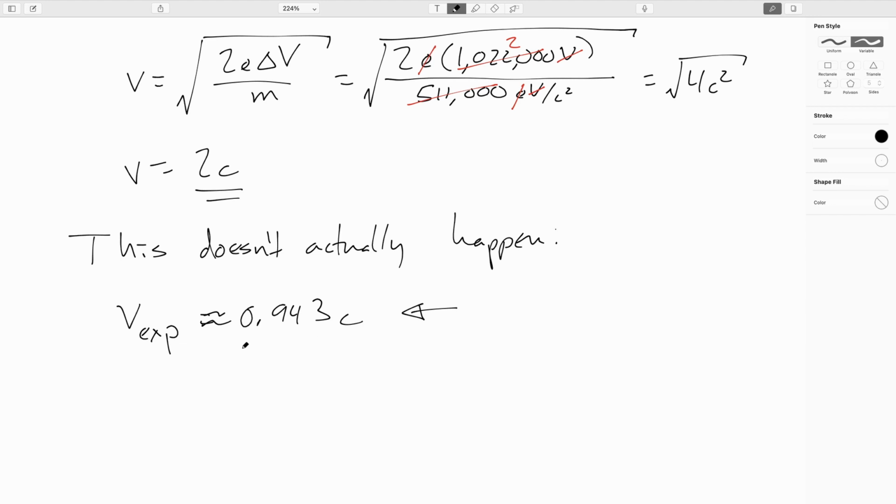So what does that mean? Well, we have ourselves a contradiction here. The theoretical calculation, using everything we know about electricity and magnetism and Newtonian mechanics, totally predicts that we will be going at 2c. And when we measure it, it is absolutely not doing that. It's going at 0.943c.